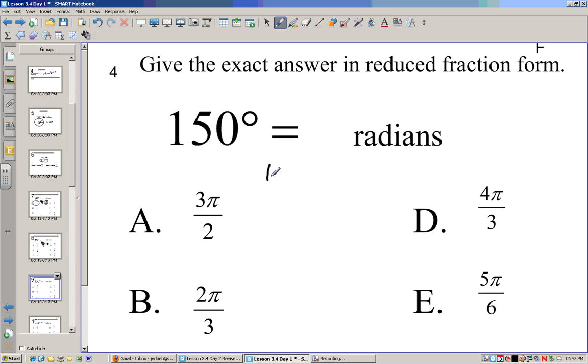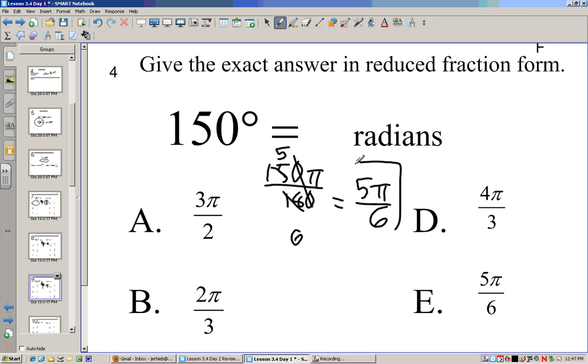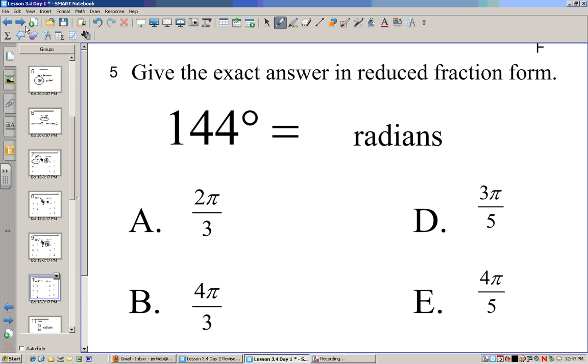150, we take 150 times pi over 180. Those would cancel out. 15 over 18, we could take out a 3, so that would be 5/6. So that would be 5 pi over 6 in radians. 144. 144 pi over 180. What goes in there evenly?